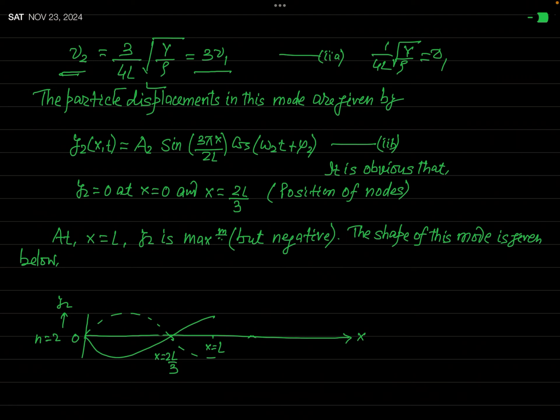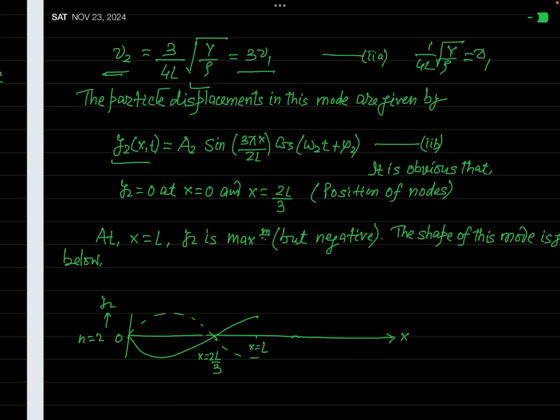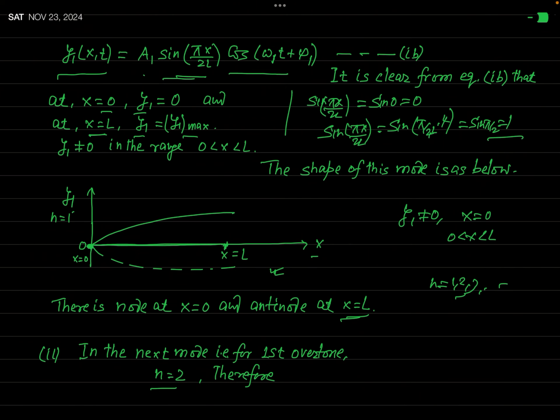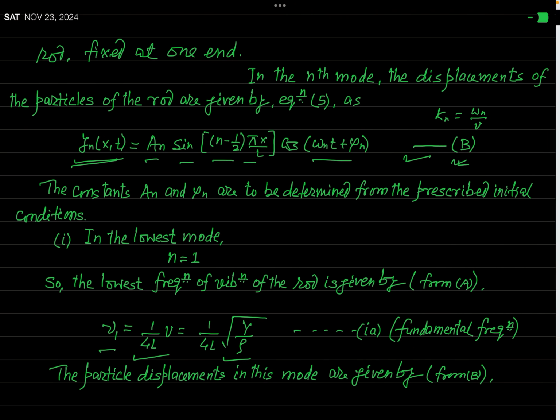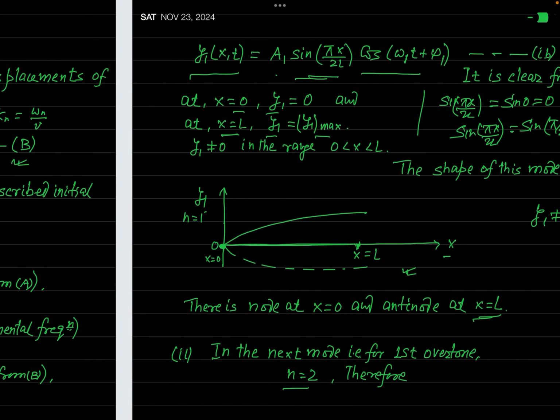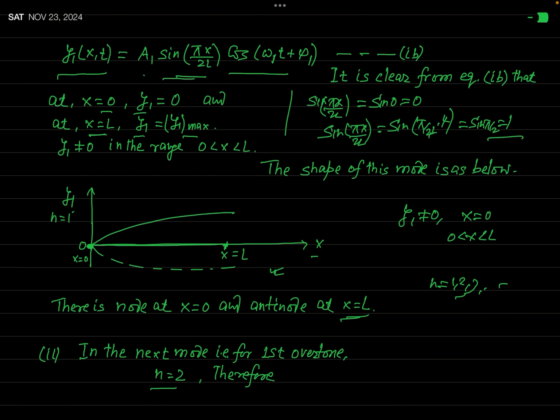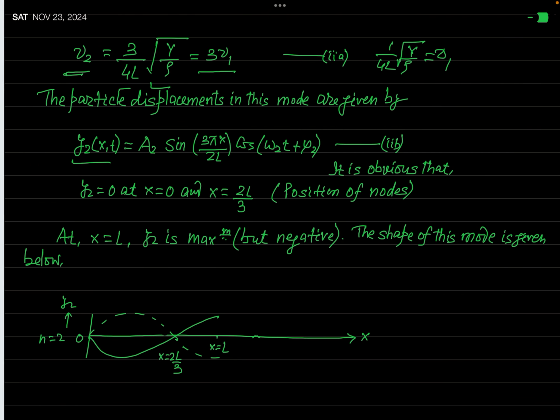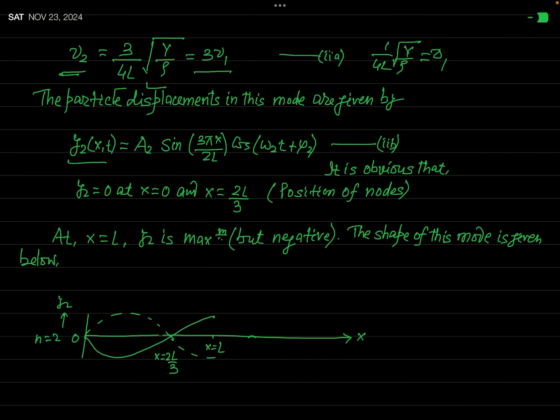Now, again, in this case, what will be the particle displacement? For this, we will again substitute n equal to 2 in this equation number B. And after taking n equal to 2, you can easily see that y2 will be equal to a2 times sine of 3 pi x over 2L times cosine of omega 2t plus phi 2.